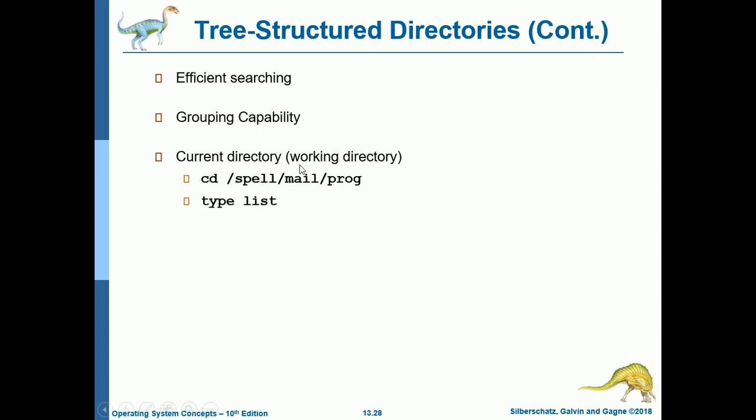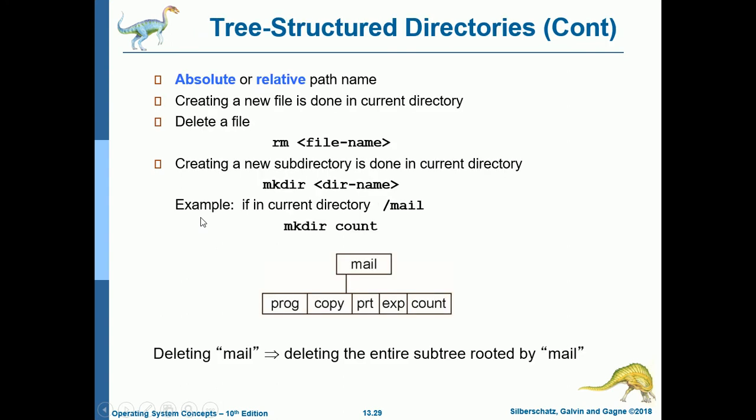So current directory or working directory. CD, as you can remember from the command prompt or the Windows shell, is different here because CD in Linux is current directory, while for Windows it means change directory. So this only means that it is in the current directory, or we have another command for listing. Okay, for tree structured directories, we have absolute or relative path name.